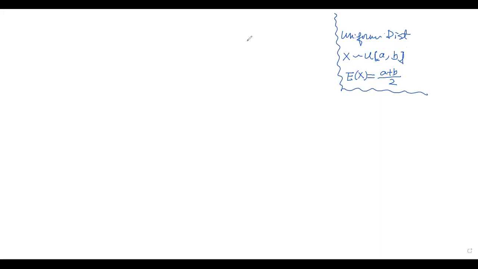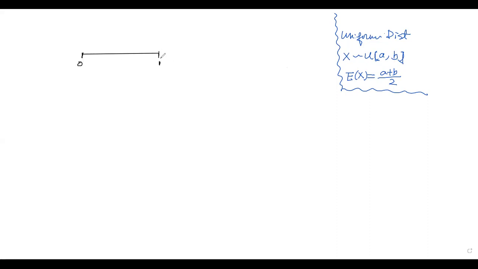Before we derive the general formula, let's take a look at some special examples so that it makes sense. This is 0, 1 here.